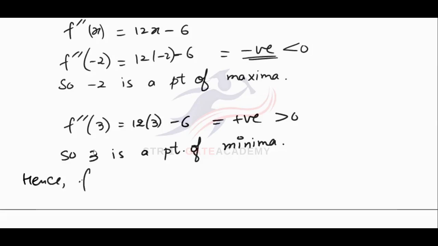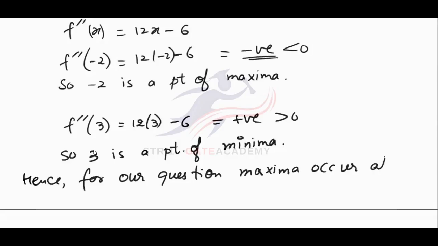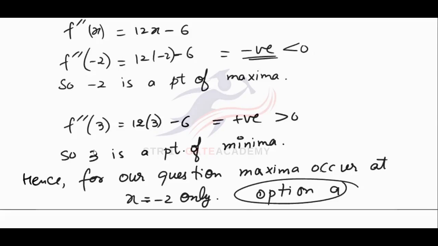Hence, for our question, maxima occurs at x equals minus 2 only. That is option number A. That's your answer. Clear? Understood?